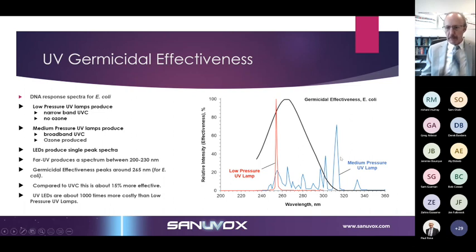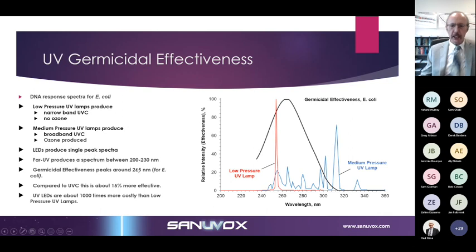Medium pressure lamps may not sit at that point on the germicidal effectiveness curve, but they sit at multiple points. And the cumulative effect of all these multiple frequencies on the kill rate makes medium pressure lamps operate very similarly to low pressure lamps, except that medium pressure lamps tend to produce ozone.